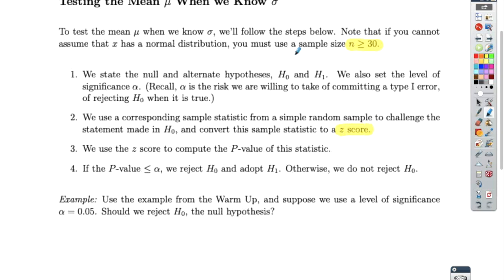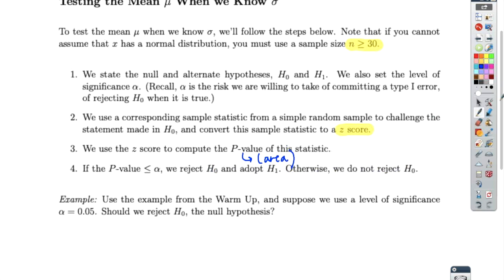So we start with our hypotheses, we change our sample test statistic over to a z-score. We use the z-score and the table to compute the p-value, which is just the area. The p-value and the area are the same thing. And if the p-value is less than or equal to alpha, we reject our null hypothesis. Otherwise, we don't reject our null hypothesis.